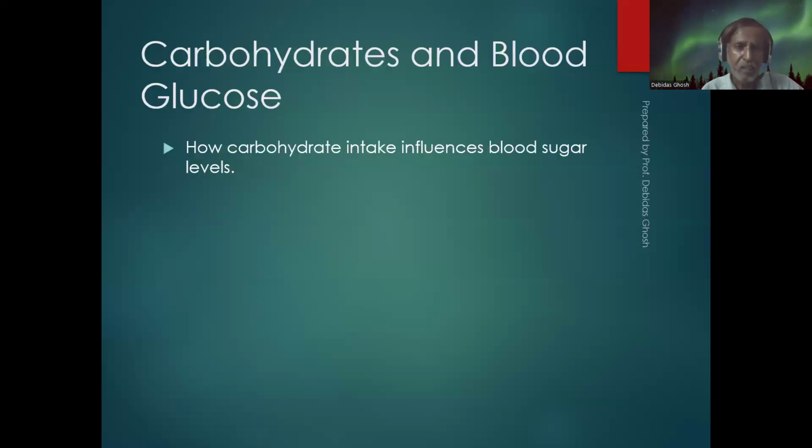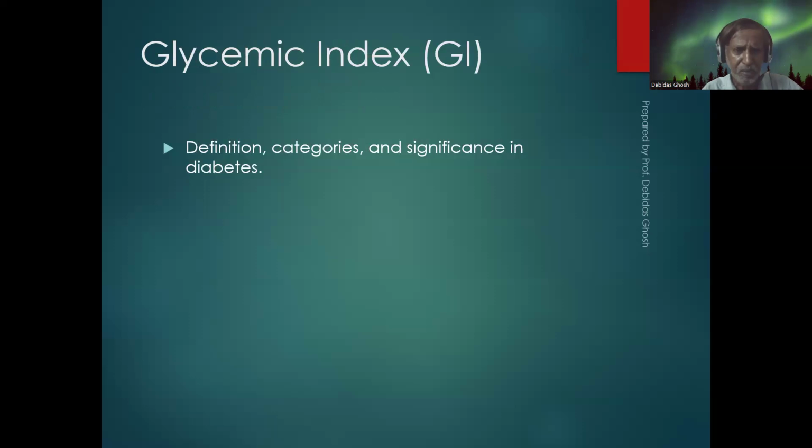Now, how does carbohydrate intake influence the blood sugar level? This is the most important question. The glycemic index is the most important sensor for glucose delivery from food in our digestive tract to the bloodstream.